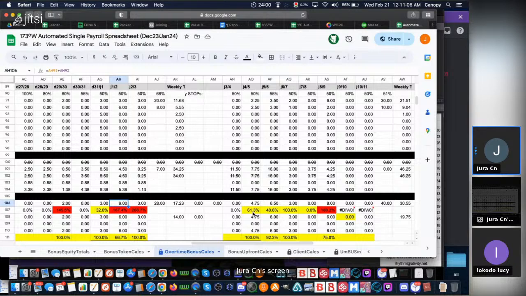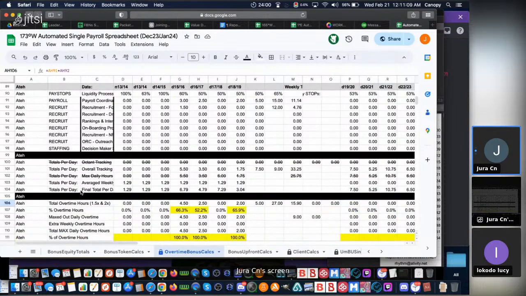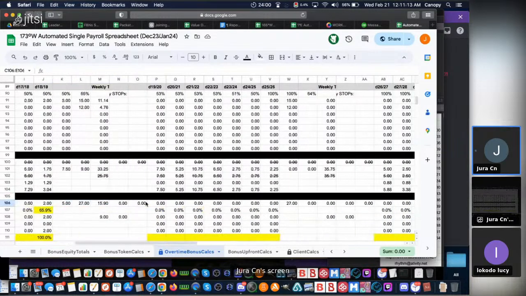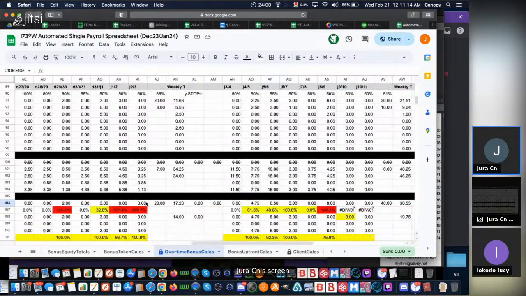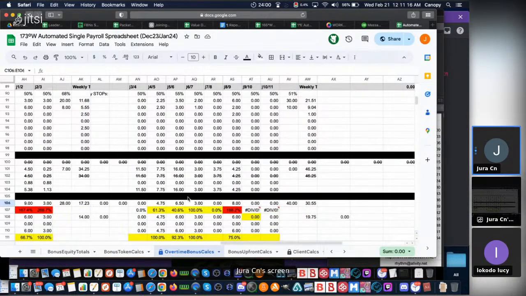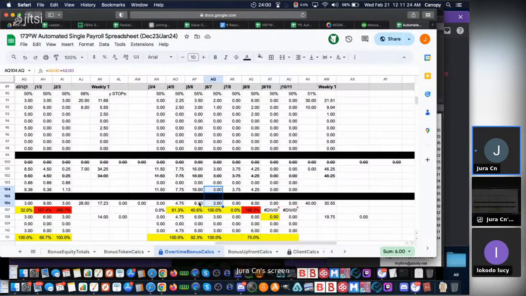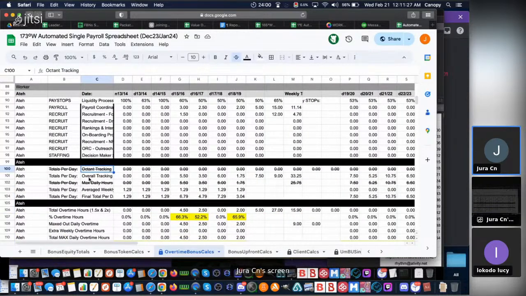If you have no daytime hours, then you should have more hours during the day than you did for overtime. That make sense? Yes. Yeah, so if you only work nighttime hours, then your overtime hours should match exactly your base hours, right? And under our new model, it doesn't matter whether you track your time in the octant tracking or the overall tracking, you still get value for it.